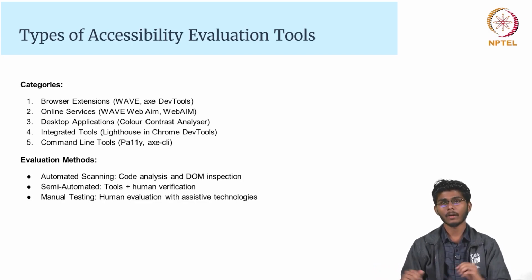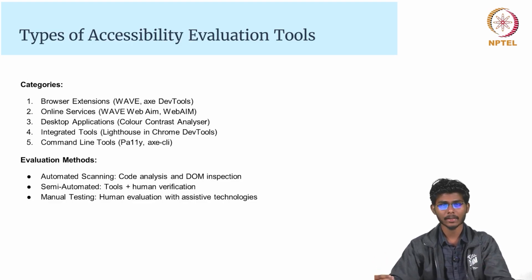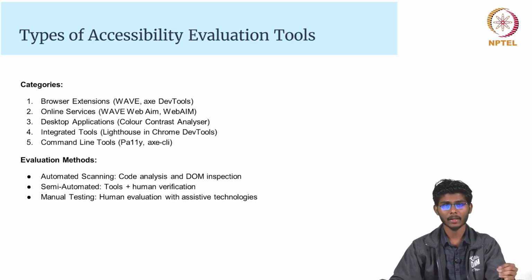Basically, they do code analysis of the whole website front end, which is the HTML part of the interface. As you know, HTML is the building block of the interface UI, and the tool then inspects the DOM and how well the JavaScript and CSS elements are implemented in the interface.